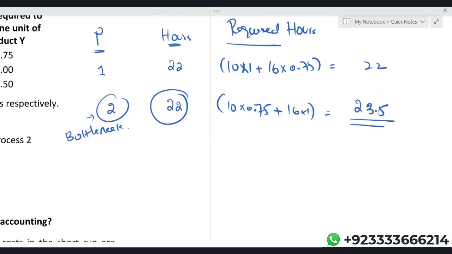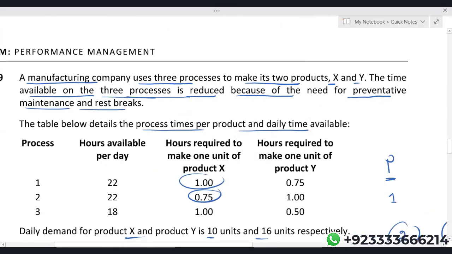Let me repeat. We know that TOC, theory of constraints: at one time there will be one limiting factor and you will be working on that. So process 2 is the limiting factor. In the exam, if you have decided perfectly that process 2 is the bottleneck, there's no need to check process 3, but right now, let's check also.